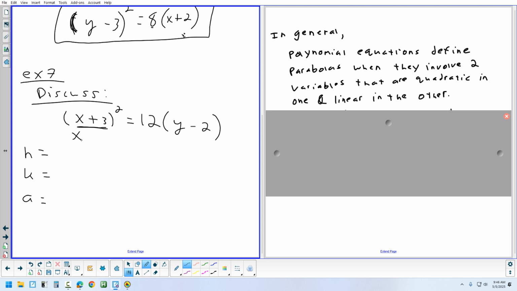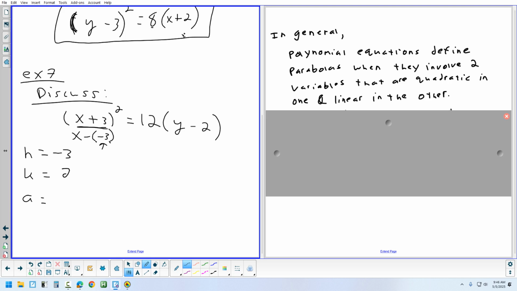We need to think of it like this, otherwise you're going to mess up your h. So what's h in this case? -3. Right. It's always the number after the minus sign. x minus, that's h. What letter is always with the y? K.